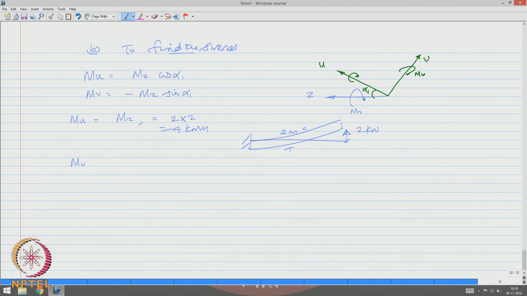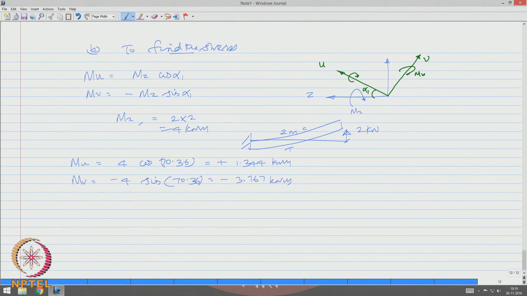So, now M u is actually 4 of cos 70.36, which comes to plus 1.344 kilonewton meter, and M v is minus 4 sin 70.36, which is minus 3.767 kilonewton meter. Now, you have transformed the entire problem from the zy plane to uv plane.